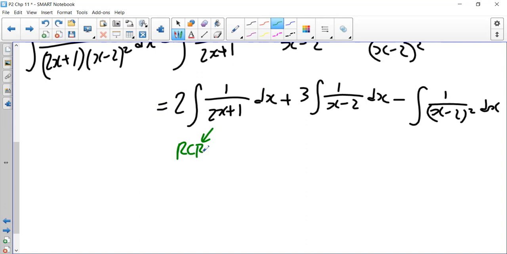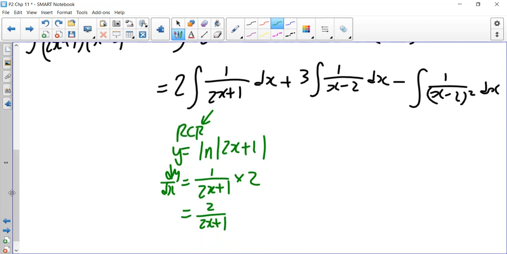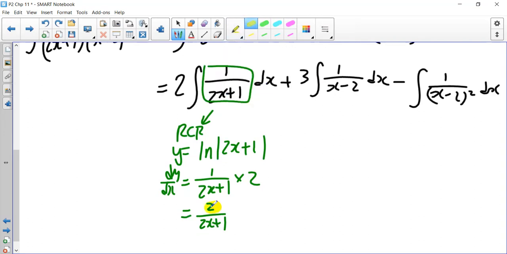Reverse chain rule. So I'm going to let y be ln 2x plus 1. Let's differentiate dy by dx, which is 1 over 2x plus 1. And then I need to differentiate inside, which is 2. So 2 over 2x plus 1. But I checked with the original function here. It was a 1 compared to 2.